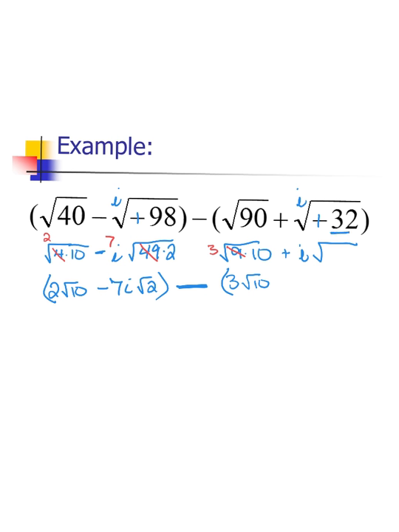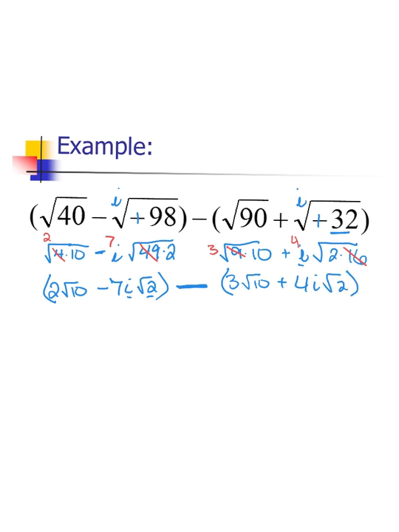To find factors of 32, I'm going to cheat a little bit. I have a 2 over here and an i. I really want a 2. So 2 times 16. The square root of 16 is 4. So this one becomes 4i radical 2.